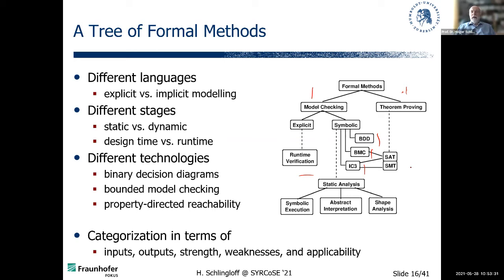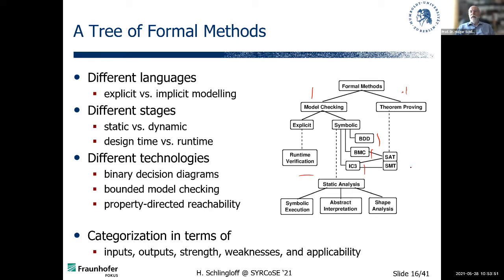And we categorize the different methods in this tree according to what its input is, what its output is, and what are the strengths and weaknesses, and where it is applicable.